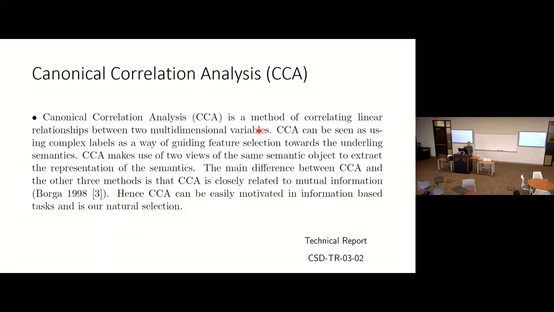Variables means if you have a sample, there are many variables to describe the sample. It makes use of two views of the same semantic object to extract the representation of the semantics.